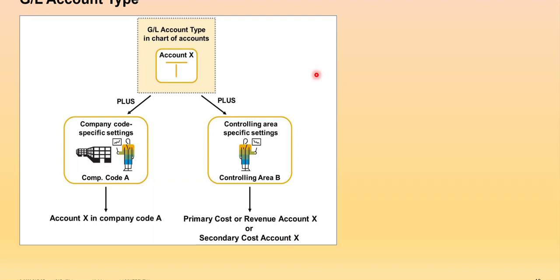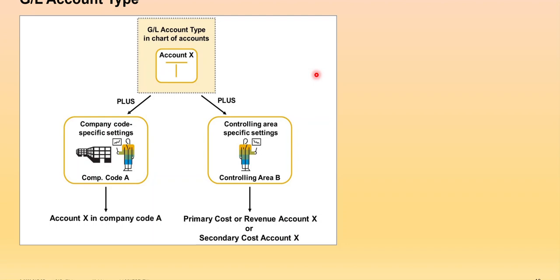GL account type. GL accounts are classified into the following GL account types. Balance sheet account, which is nothing but account that is posted from business transactions. The balance of a balance sheet account is carried forward at fiscal year end.